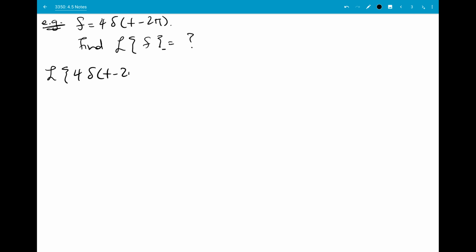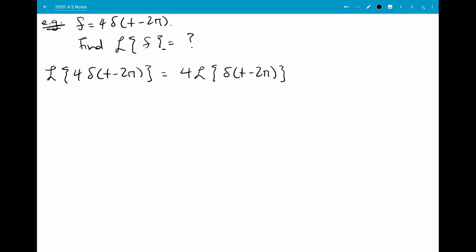Let's do the function for delta of t minus 2 pi. We're going to go ahead and take that Laplace transform, and then in our next example, we'll actually make that part of a differential equation after we've just made sure that we know how to do this. So the Laplace transform of 4 delta of t minus 2 pi is just going to be 4 times the Laplace transform of delta of t minus 2 pi.